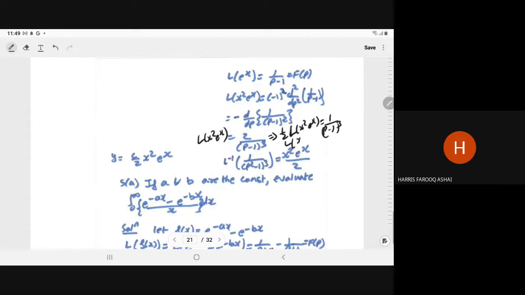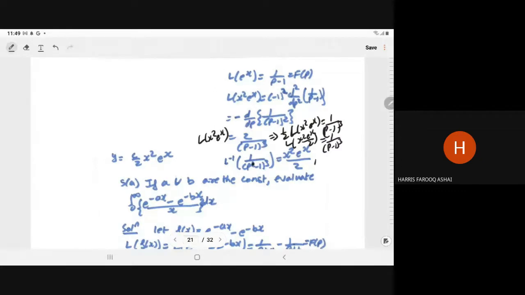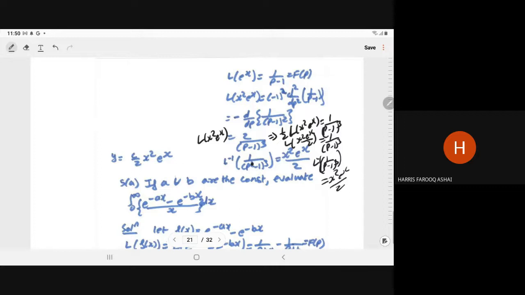So L of x square e to power x upon 2 is equal to 1 upon p minus 1 whole cube. So L inverse of 1 upon p minus 1 whole cube is equal to x square e to power x upon 2. So it will give you y is equal to c upon 2 x square e to power x, where c is an arbitrary constant.